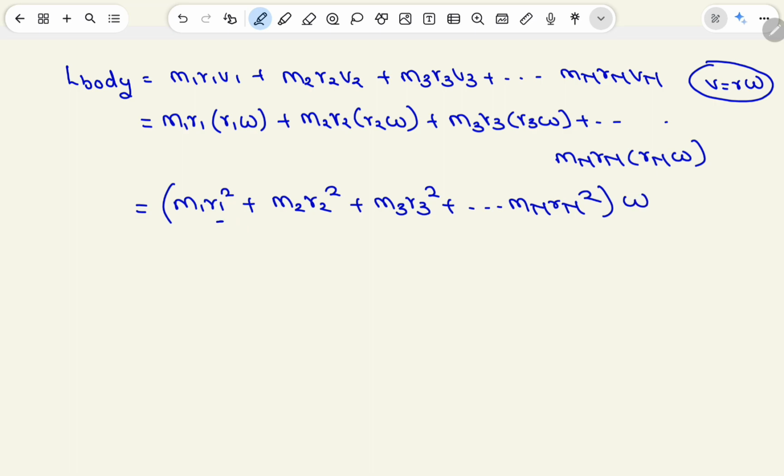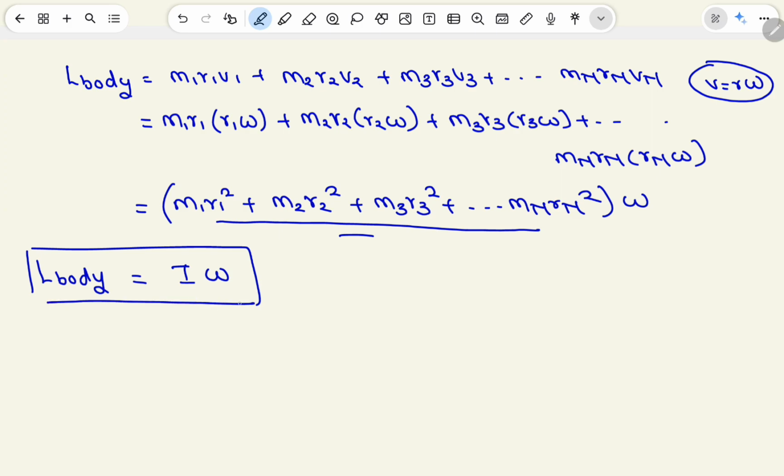Now if you concentrate at the term which is inside the bracket, it is nothing but summation of mi ri square, and that is nothing but the definition of moment of inertia. So the angular momentum for the rigid rotating body can be written as I omega. Now, if you want to give a vector notation, then L bar can be written as I into omega bar.